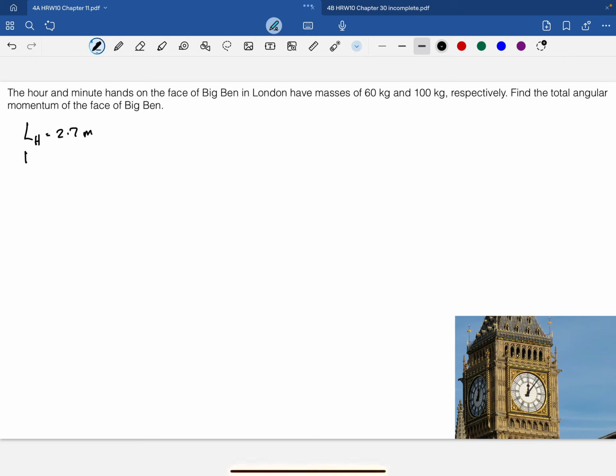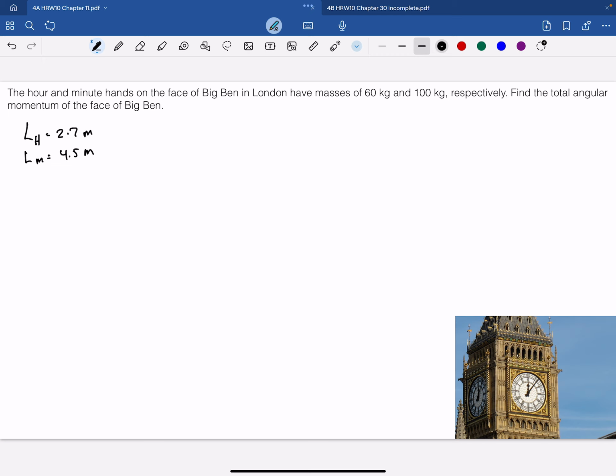And the length of the minute hand is 4.5 meters. I really got to maybe update this example, but it's such a good one. This is a clock. We used to tell time with them, right? Now we just do it with our phones.